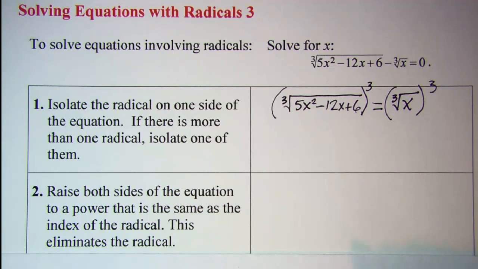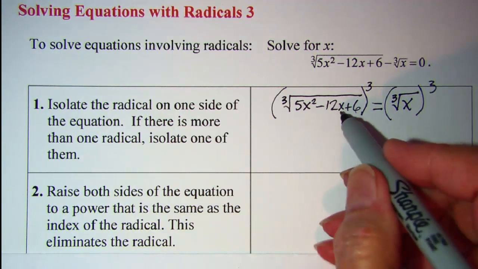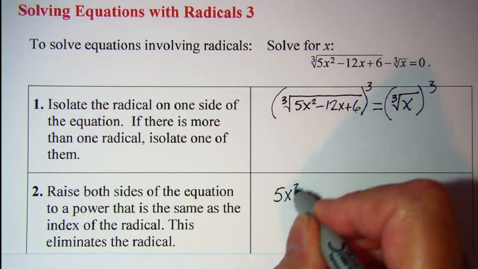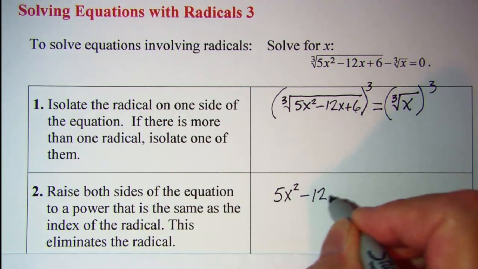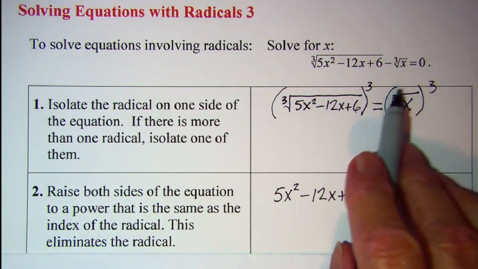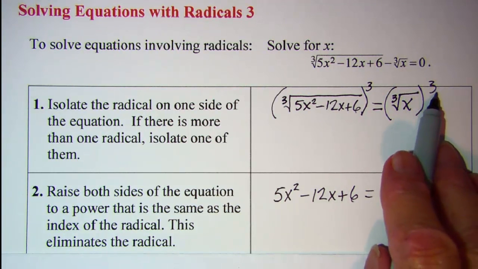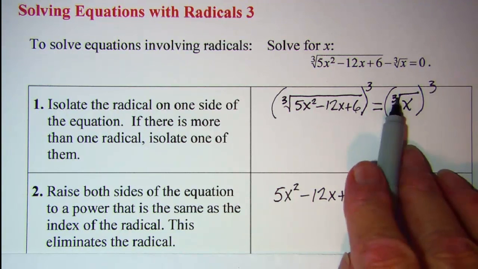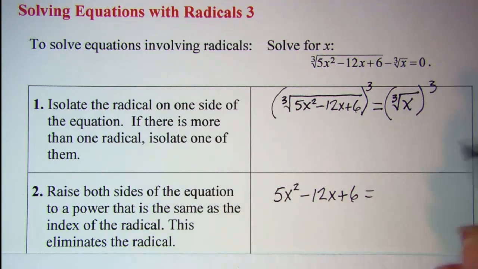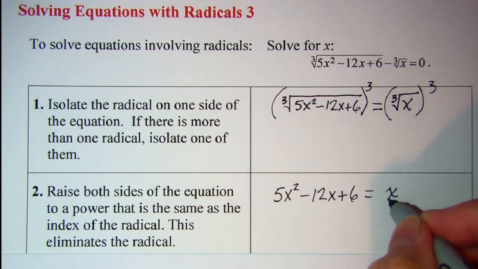Those are inverse operations, and I'm left with just the radicand, 5x squared minus 12x plus 6. Raising both sides to the third power also eliminates the radical on the right side, so I'll just have an x on the right side.